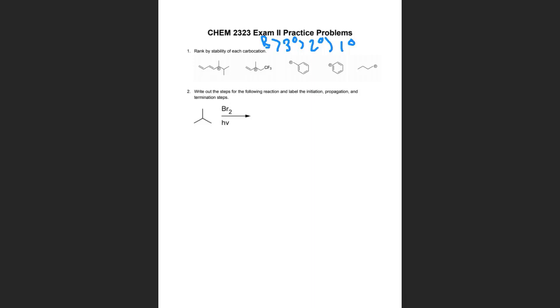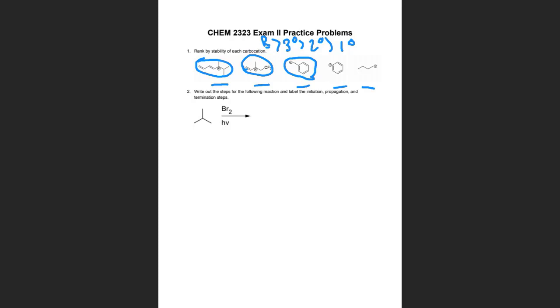So based off these, let's label them like this. First, I'm going to look for any resonance stabilized carbocations. So this is one, and this is one.